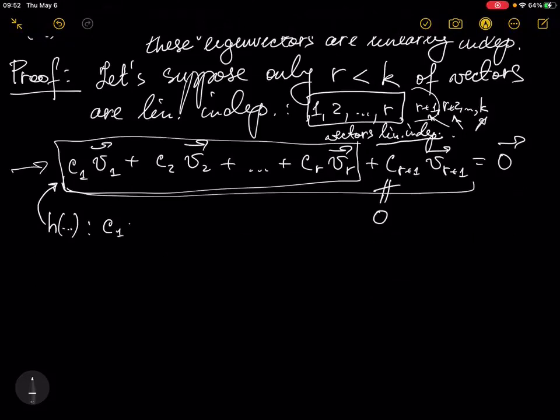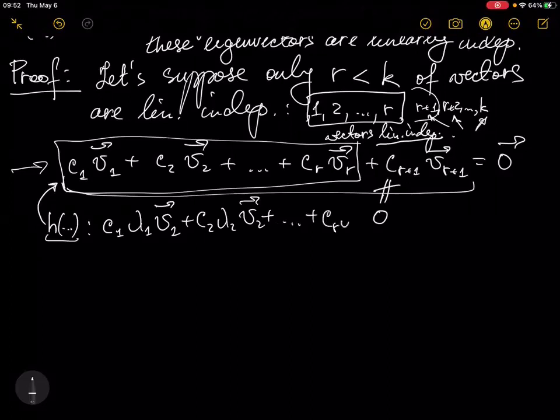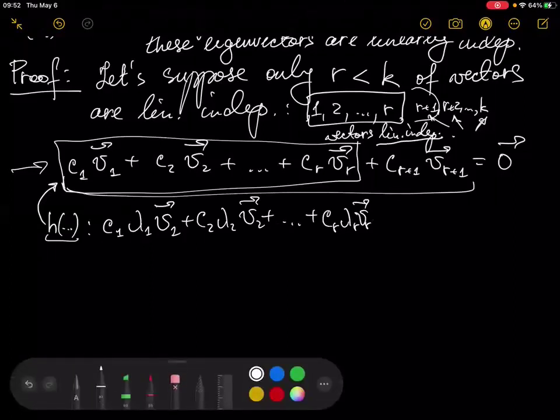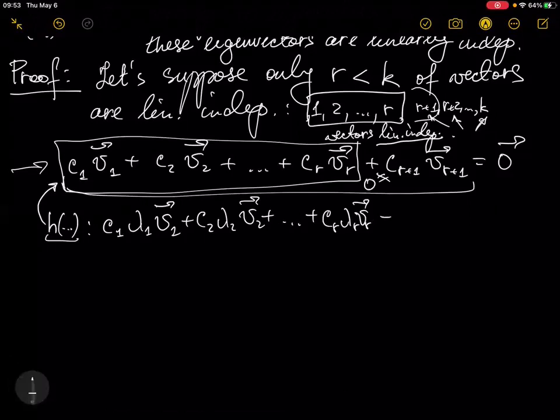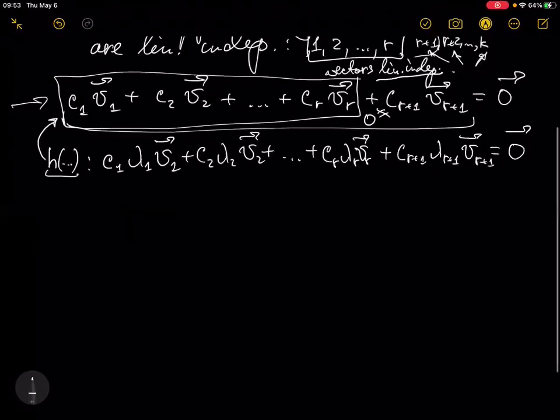So I'm getting C1 lambda 1 V1 plus C2 lambda 2 V2, because it's linear, so I can apply it term by term, right? And so on, plus CR lambda R VR, plus CR plus 1 lambda R plus 1 VR plus 1 equals 0, right? Because a linear transformation applied to the zero vector always gives a zero vector.